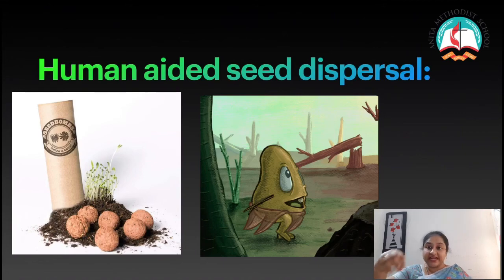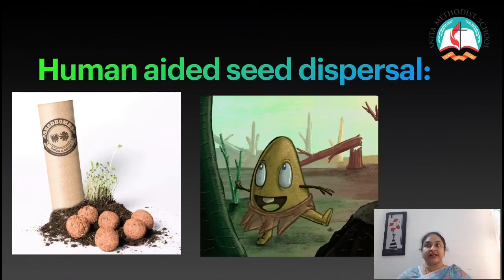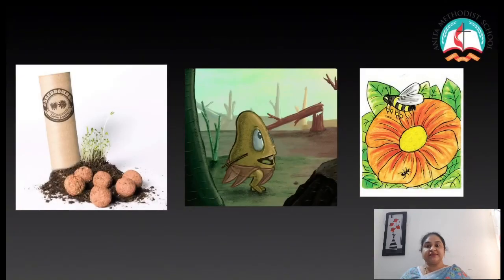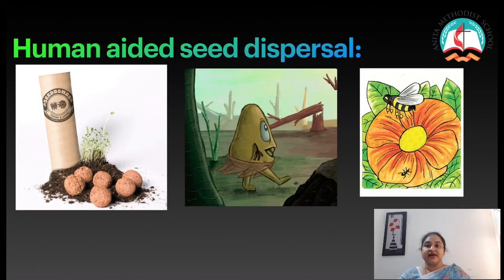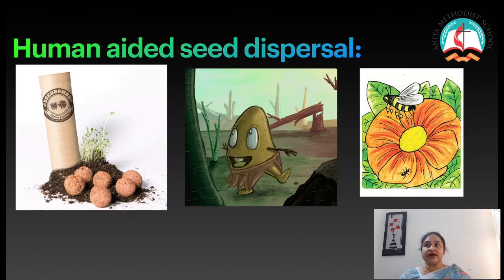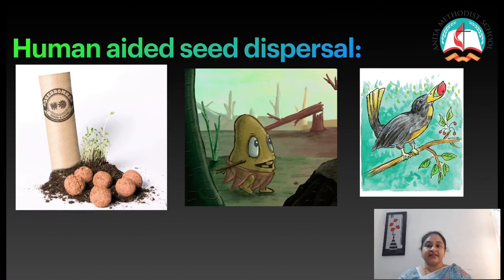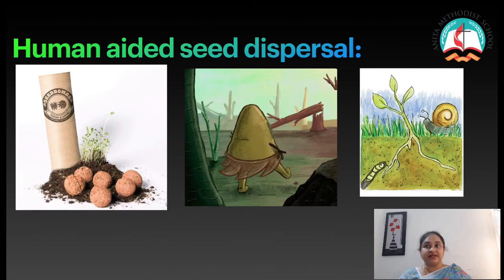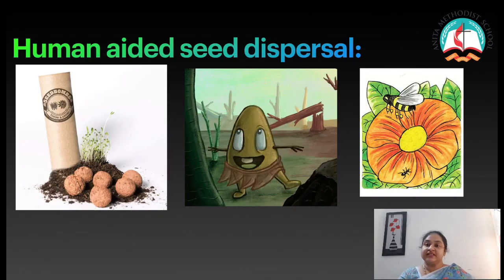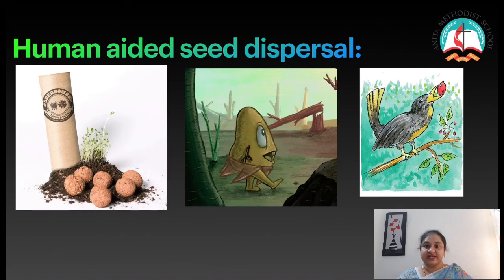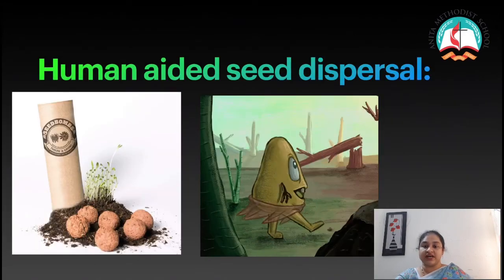They are not planting the trees manually, but they are scattered, especially in barren and degraded lands. Okay, and this is done before the monsoon, and at the time when suitable dispersal agents become rare, this type of seed dispersal is also done.